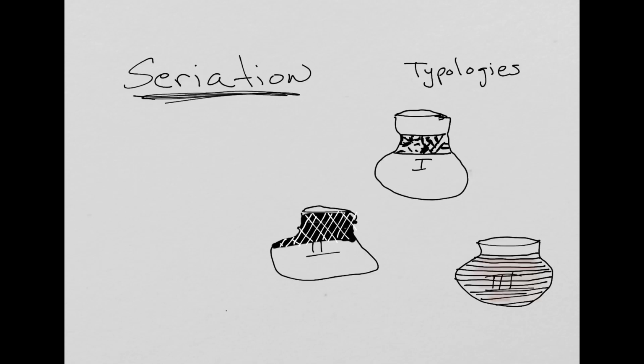So the archaeologists would find these pottery types, and they would name them things like black on white, and maybe white on black, and let's call this one corrugated redware.